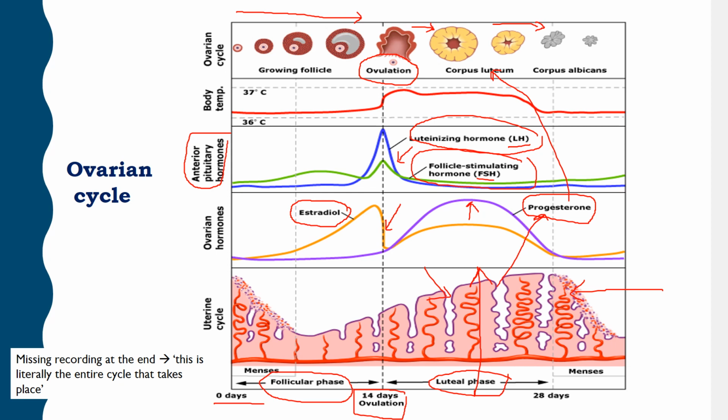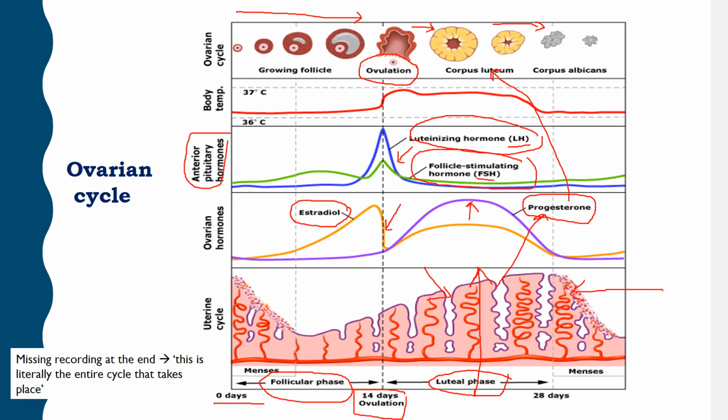So the corpus luteum functions to produce progesterone to ensure the endometrial lining is maintained until the placenta takes over its role. Once the placenta takes over, the corpus luteum will start to degenerate. But that is the case when there is pregnancy.